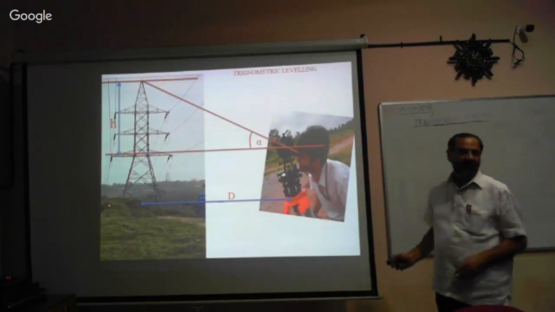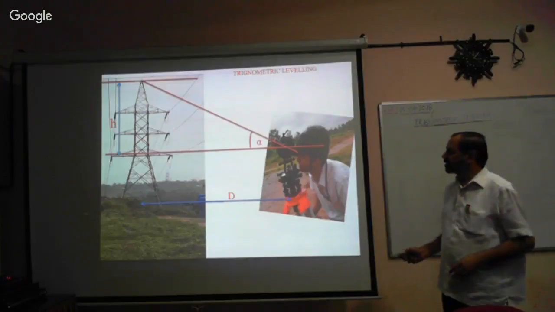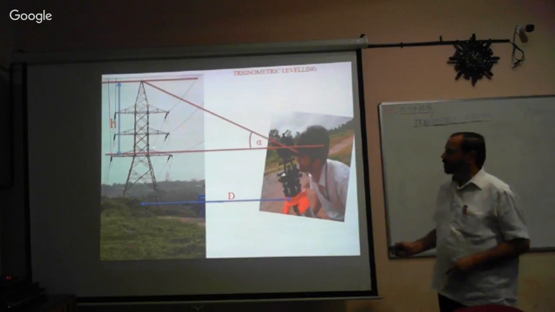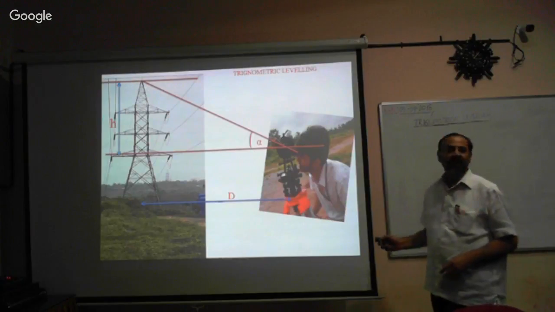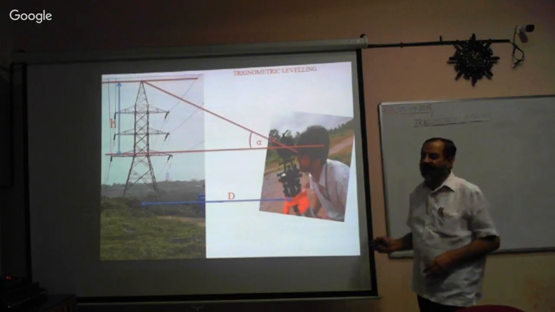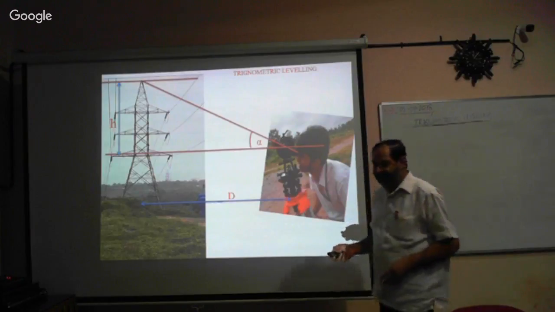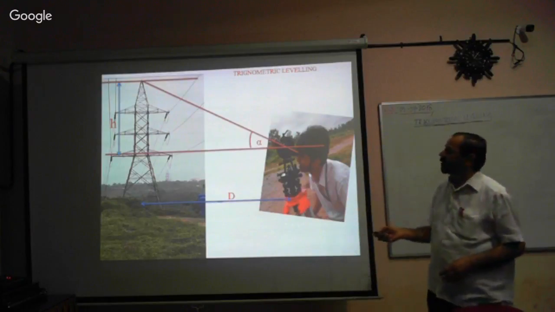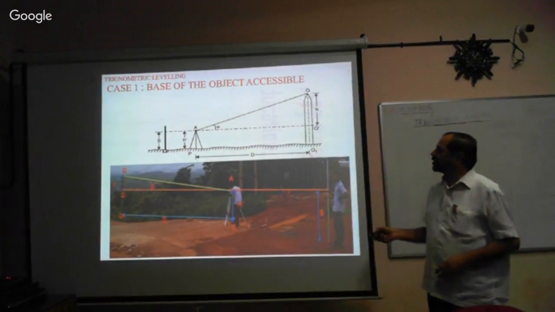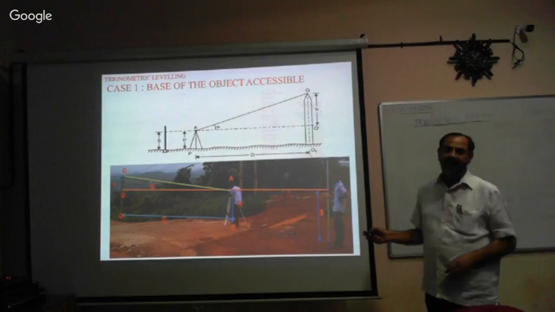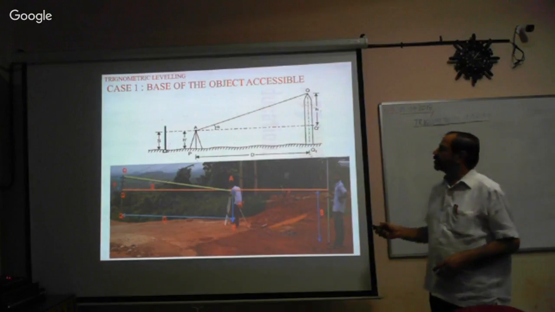Measure the horizontal distance, make the instrument perfectly horizontal, then measure the vertical angle by bisecting the tip of the object whose elevation you need to calculate. This is the same thing shown diagrammatically here.